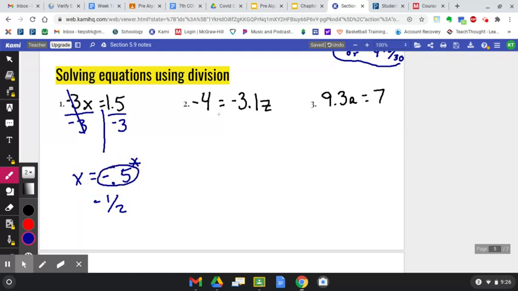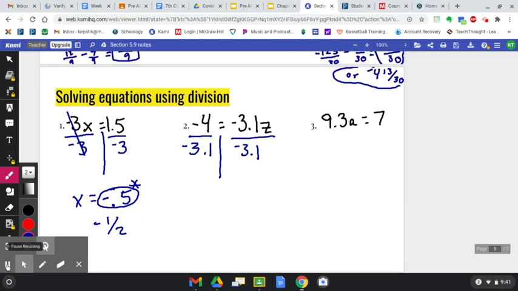answer. Number 2, I have my variable over here times negative 3.1. So I'm going to divide both sides by negative 3.1. When you divide the negative 4 by negative 3.1, it should be positive, right? Negative over negative is a positive value. Your calculator will tell you 1.29.